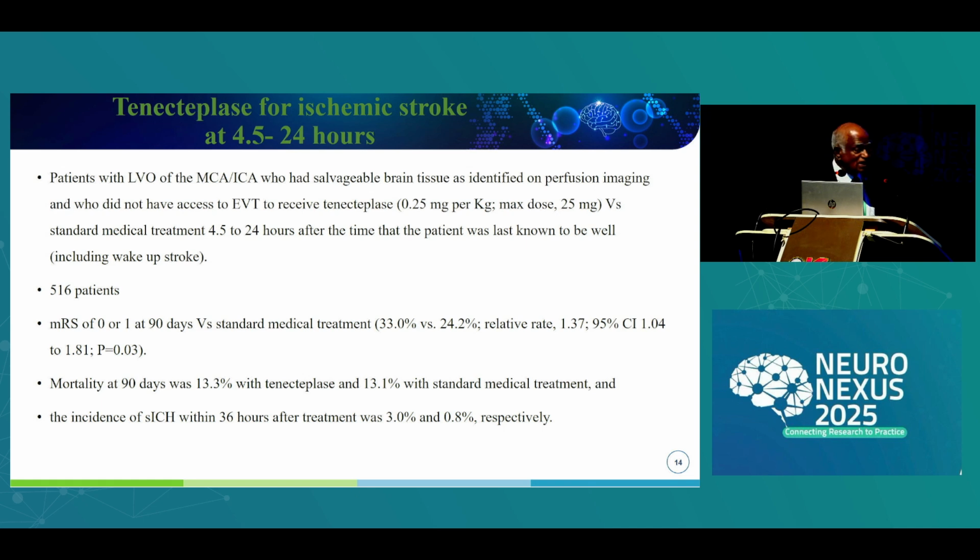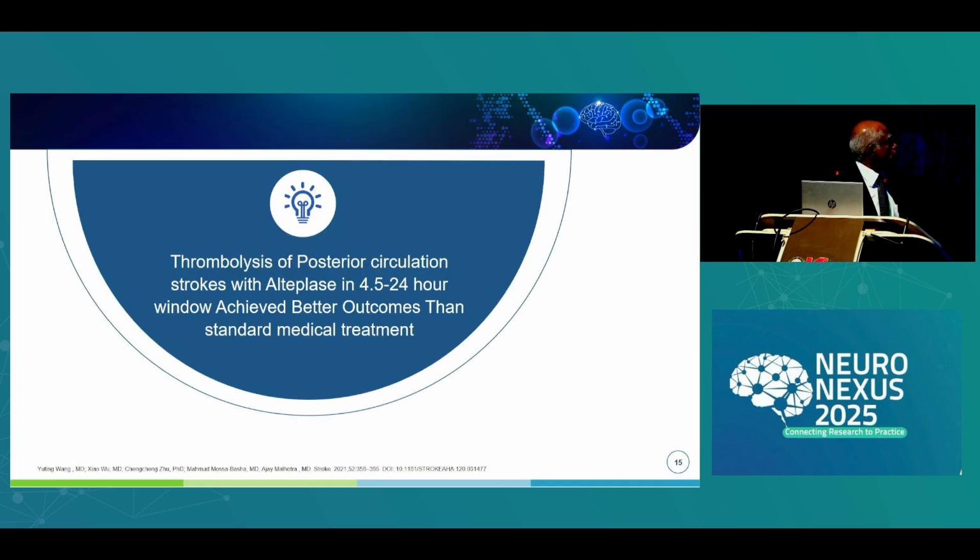So patients with a salvageable penumbra up to 24 hours are likely to benefit with intravenous thrombolysis. Mortality at 90 days was mildly elevated, but with no statistical significance in the numbers they have quoted. Symptomatic intracerebral hemorrhage was more, but the death rate was more or less equal between the two groups.